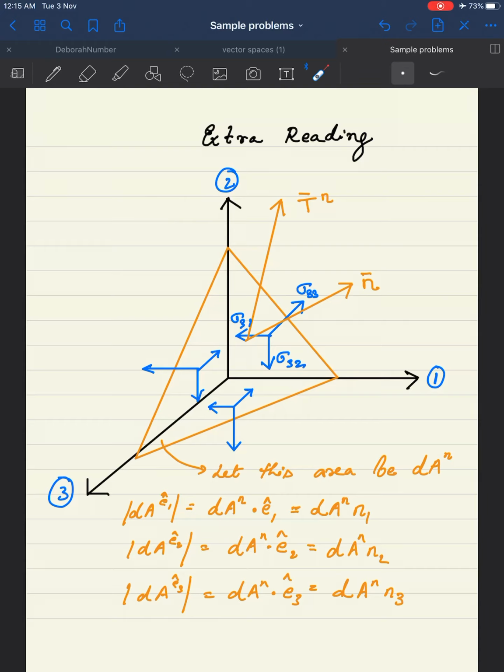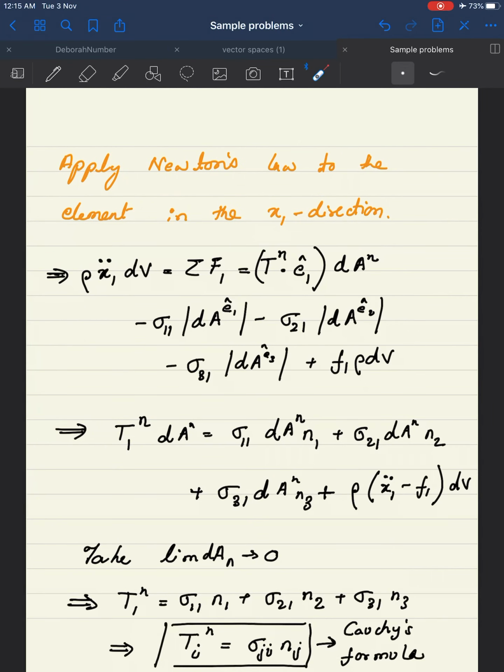Those are basically nothing but the projections of this on that plane, right? So in order to find that, all you need to do is to take this area and dot product it with this vector to get the areas of these other triangles that are enclosing this volume. So when you do that, and then you apply Newton's law to the element in the x1 direction, then Newton's law is rather straightforward. You have the mass and you have the volume. So this is the volume, by the way.